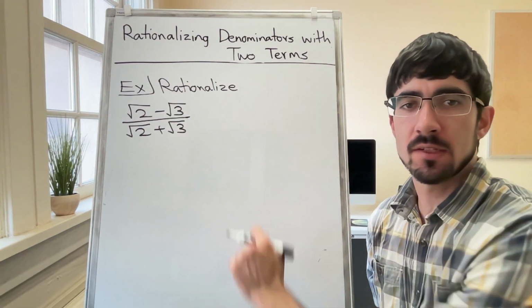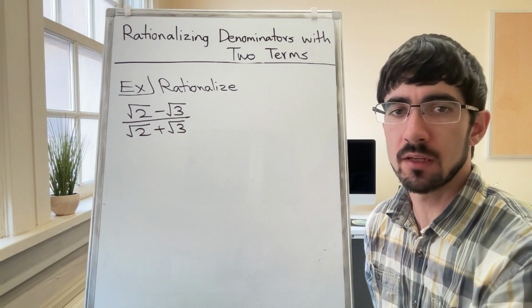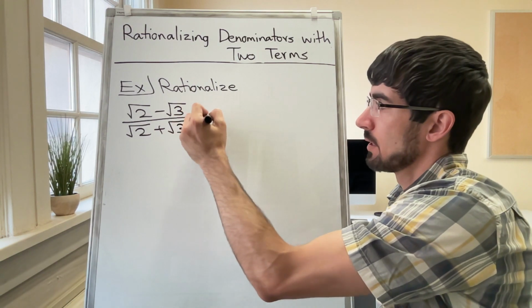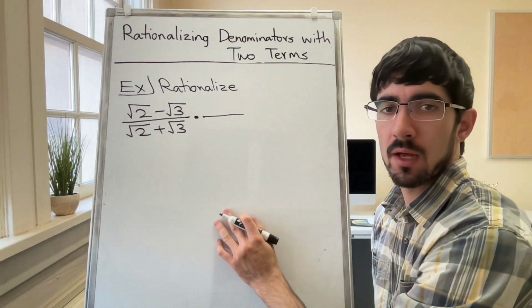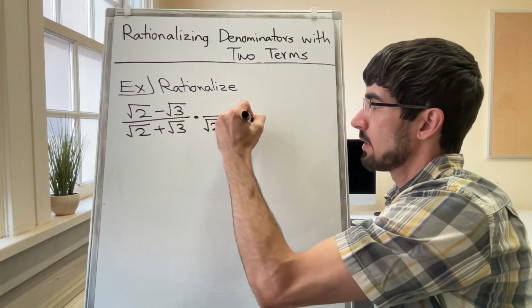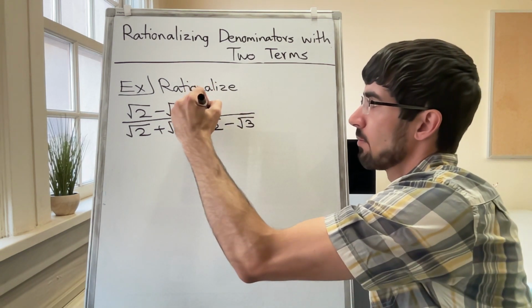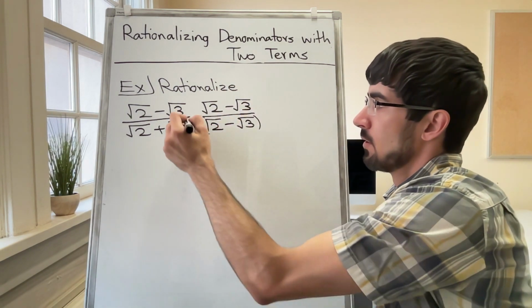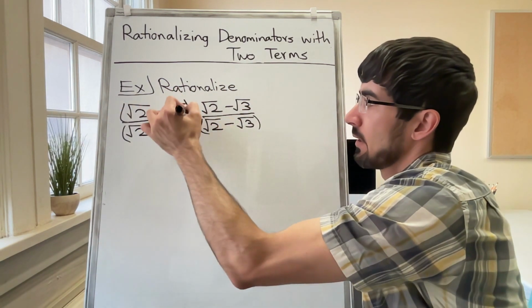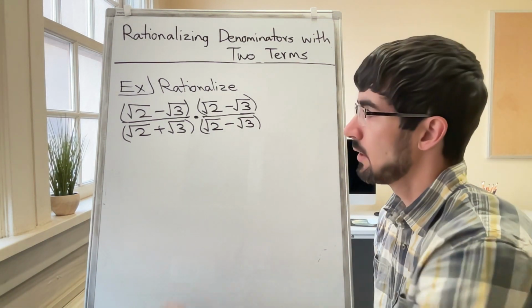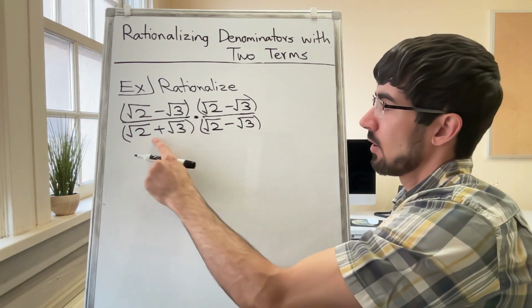And I know that I need to multiply by the conjugate of the denominator, right? The denominator determines the factor that we multiply by. So the conjugate of the denominator is root 2 minus root 3. And let's multiply by the same amount up here. So we're multiplying binomials again, both in the numerator and the denominator. In the denominator, I can use the fact that these are conjugates.